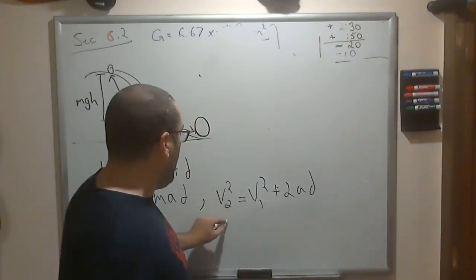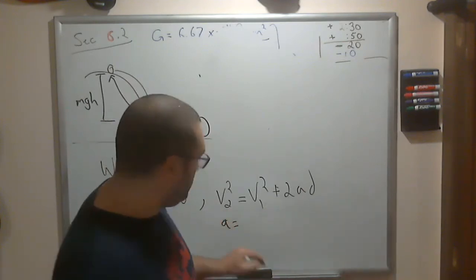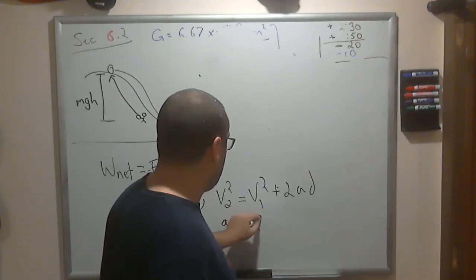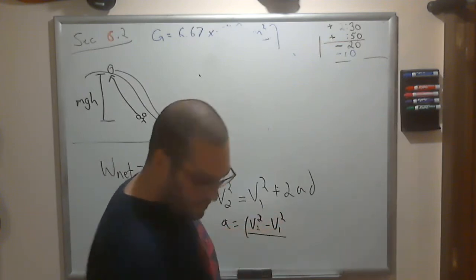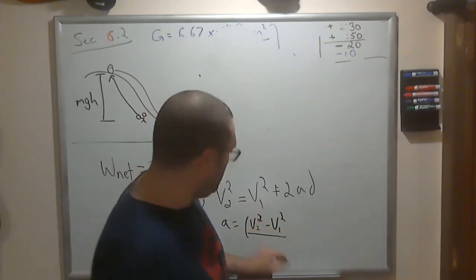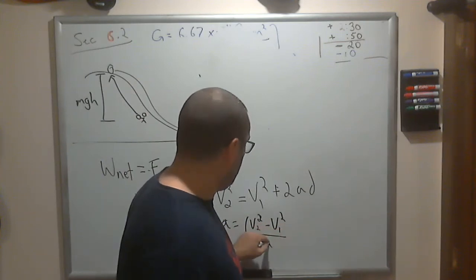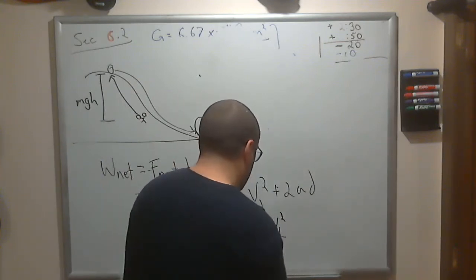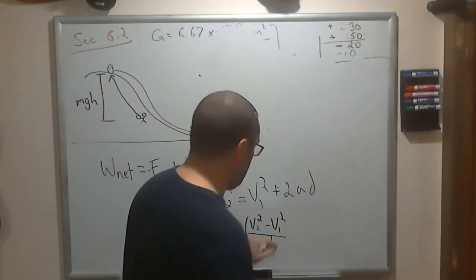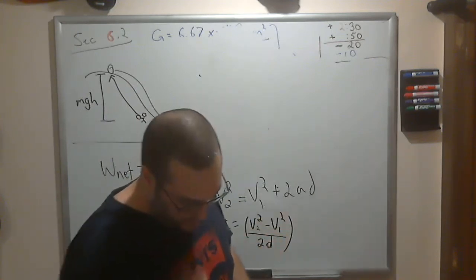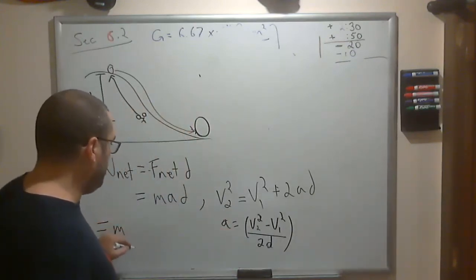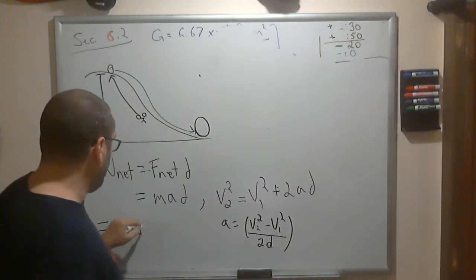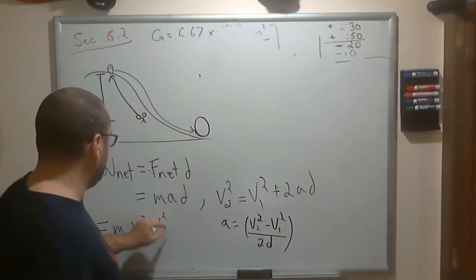Now let's solve for a. It just comes out to be v2 squared minus v1 squared over 2d. Now let's plug it into here. m times (v2 squared minus v1 squared) over 2d, times d.